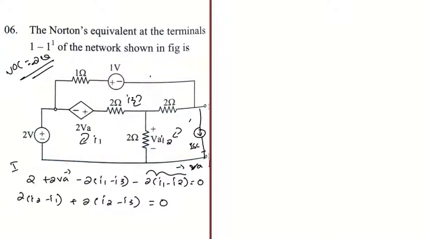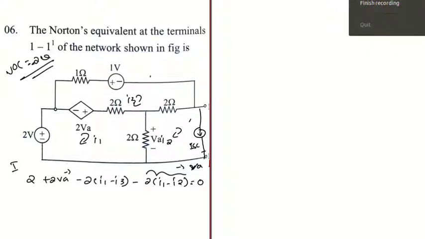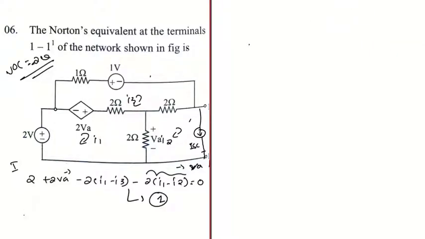So now coming on to the next mesh equation, and the second mesh equation I get 2 into I2 minus I1 plus 2 into I2 minus I3 equal to 0.